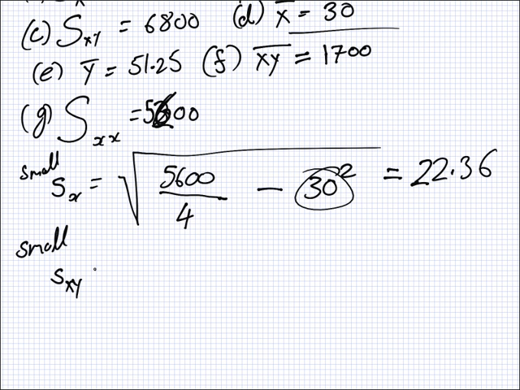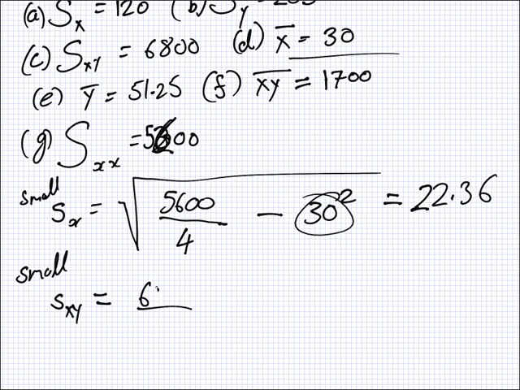Yeah. What's the formula book say? It's sum of xy, which is 6,800 over 4 minus x average times y average. Okay, so what's that now?